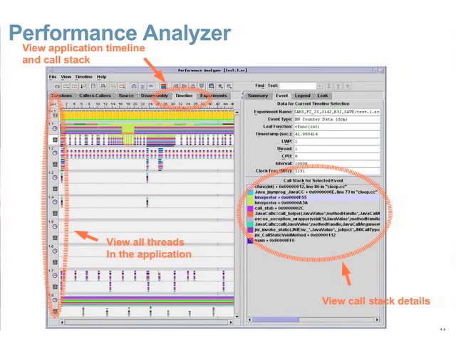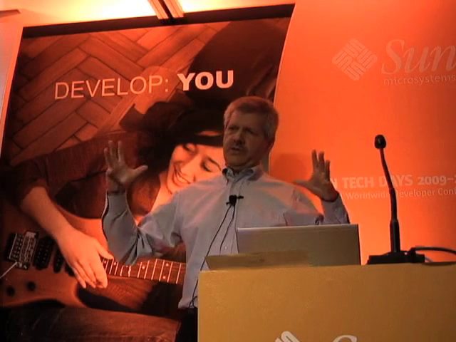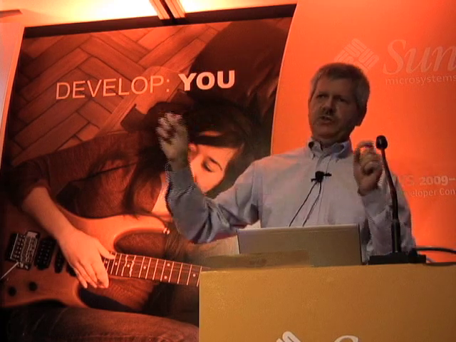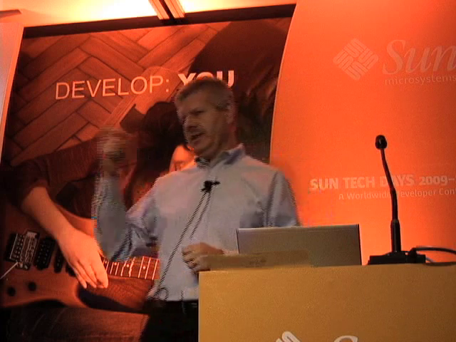The color combinations are in the bottom right. It tells you what function or what routine is actually getting access to the call stack on the right. And you can click on any one of those, and it'll take you to the source code and give you more information about that particular piece of that thread's application. So you get the big picture of the thread analyzer. The performance analyzer will give you each thread's execution line, and you can click on the elements within the execution of that thread, and you can get information about what's going on with that particular thread there.